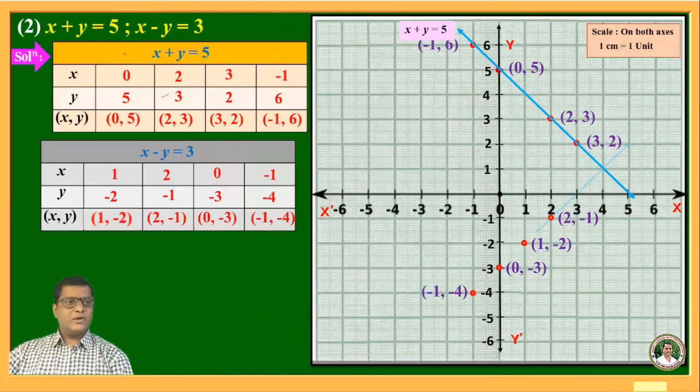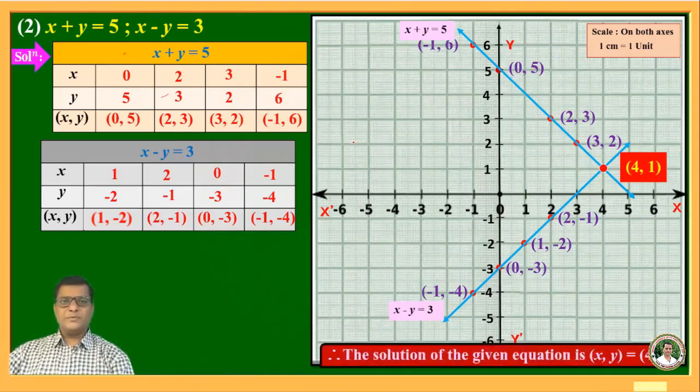Again draw the line passing through them, and this is the graph of the equation x minus y is equal to 3. These two lines intersect at the point 4, 1. Therefore, the solution of the given equations is x, y is equal to 4, 1.